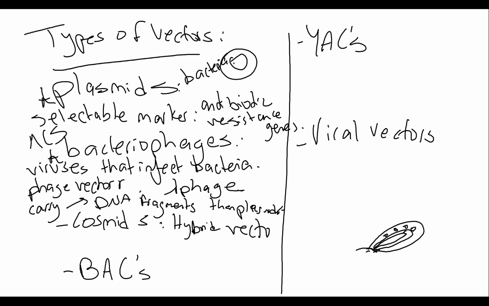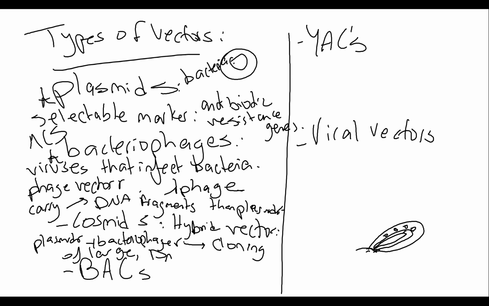Hybrid means a combination of more than one: a combination between plasmids and bacteriophages. It helps in the cloning of large DNA fragments up to 45 kb.